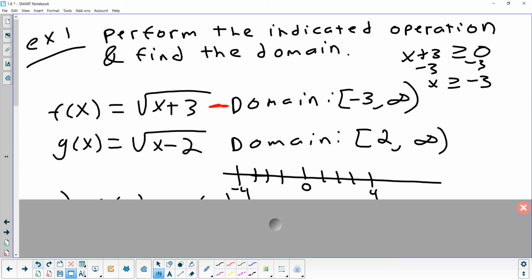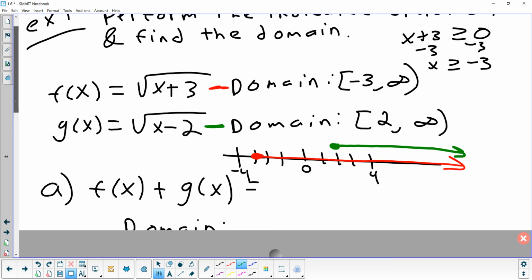Negative 3 to infinity would look like this. 2 to infinity would look like this. So by looking at that, we should be able to see the overlap. Okay? In other words, numbers that are in the domain of f of x and g of x.